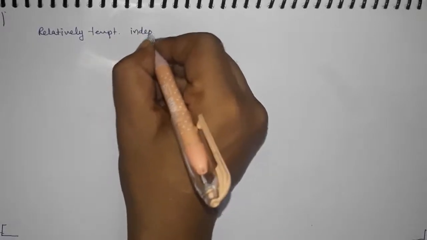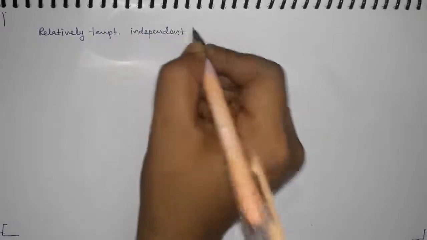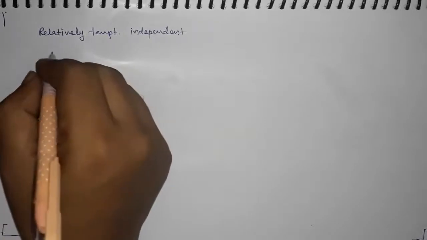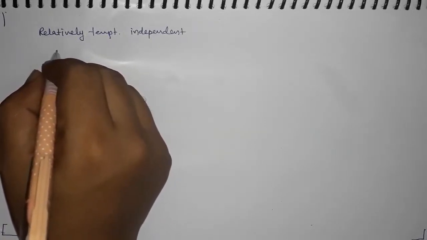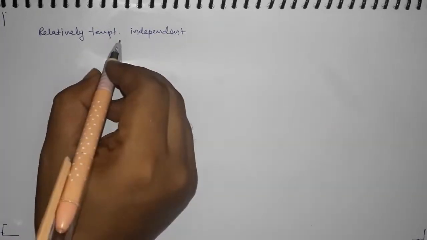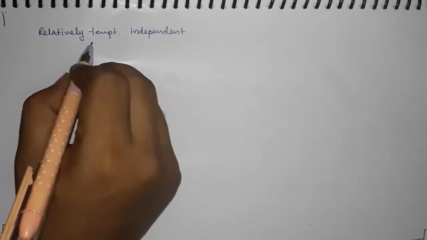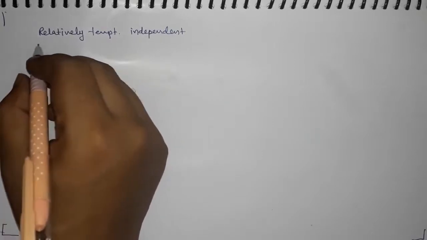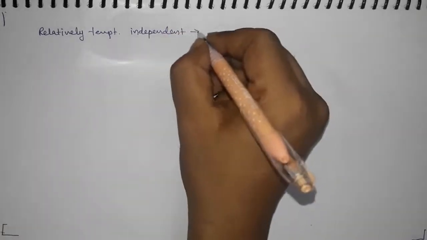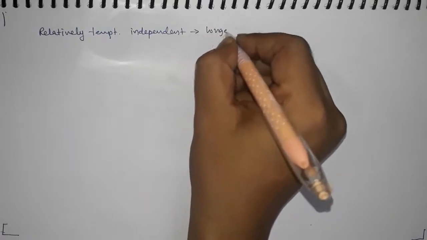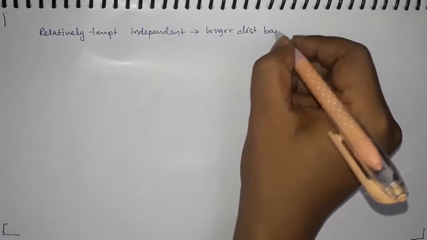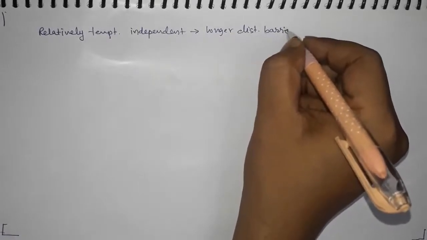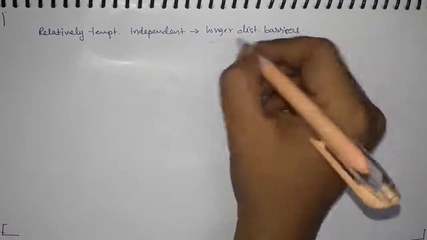And we will see why. We will see why the opposite is true, why short range blocking of dislocations are dependent on temperature comparatively. So this is true for longer distance barriers like precipitates.